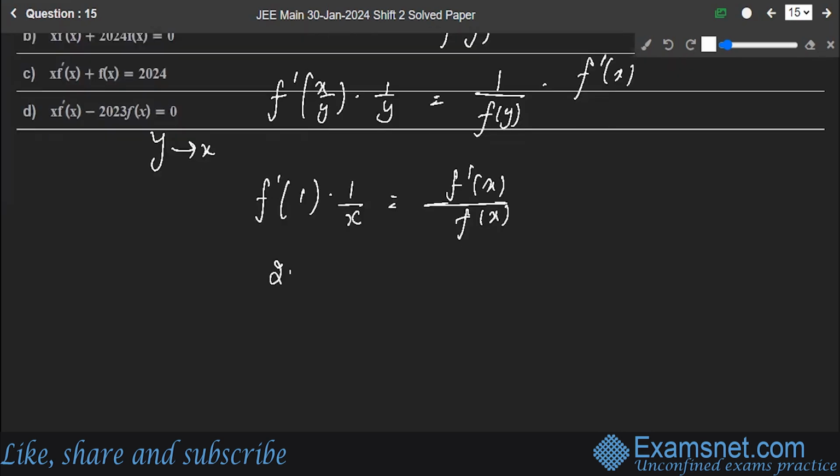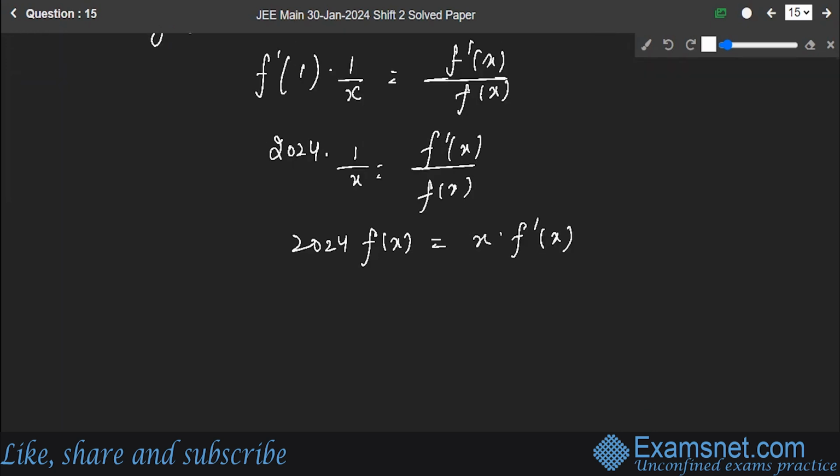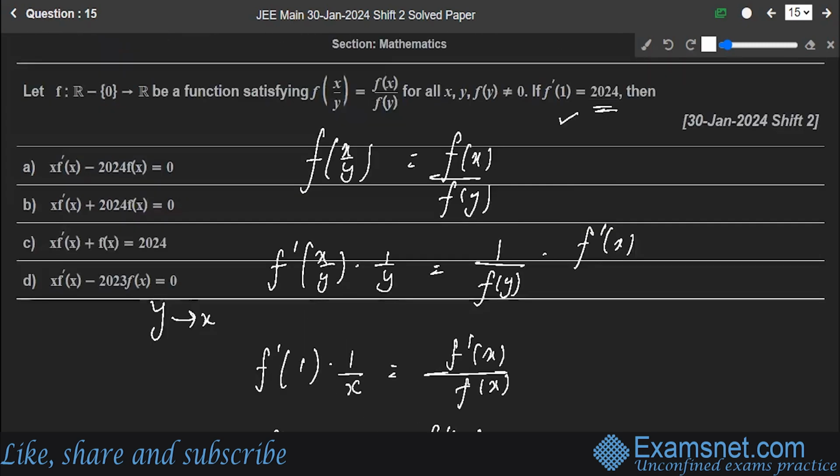This makes it 2024 into 1 by x is equal to f'(x) upon f(x), or you have 2024 f(x) is equal to x into f'(x). You have x f'(x) minus 2024 f(x) is equal to 0. That makes the first option the right answer. Hope you are clear with this.